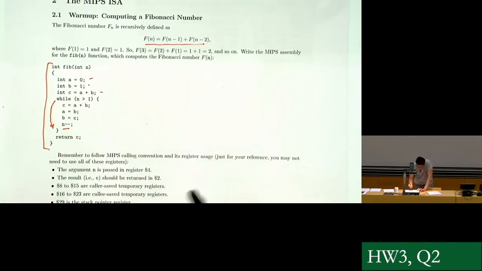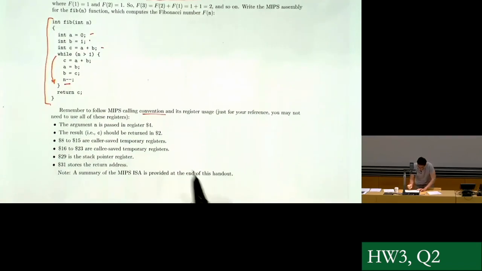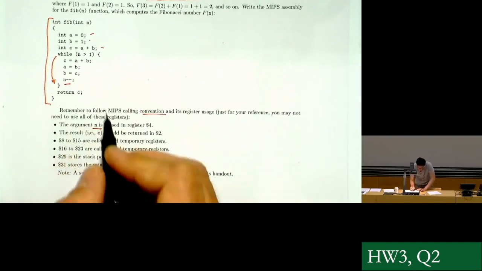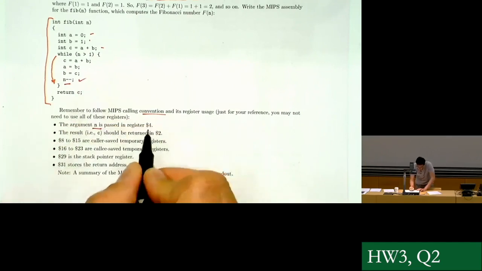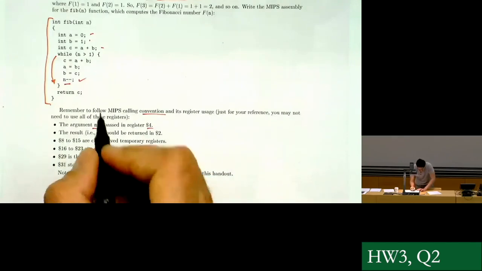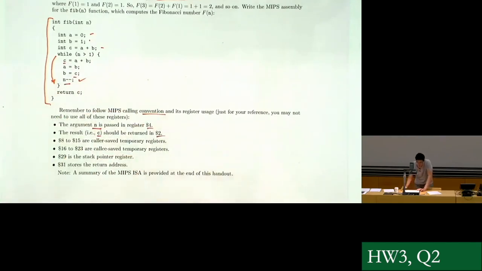So here there are some assumptions, conventions, to write our code. But the most important thing for now is that the argument n, this counter here, is going to be stored in register 4, and the result C is going to be stored in register 2.